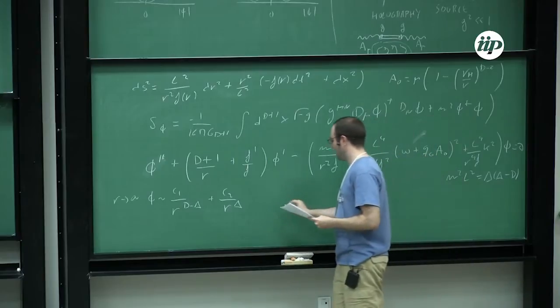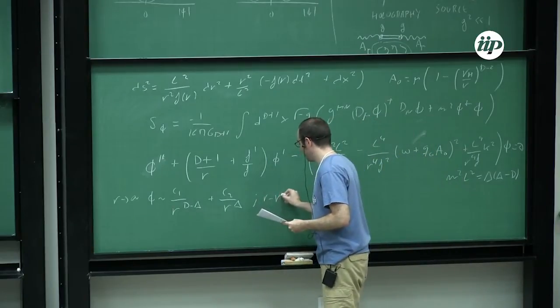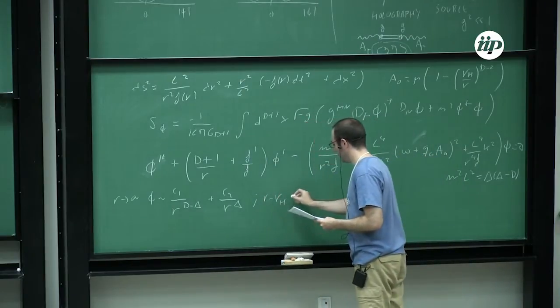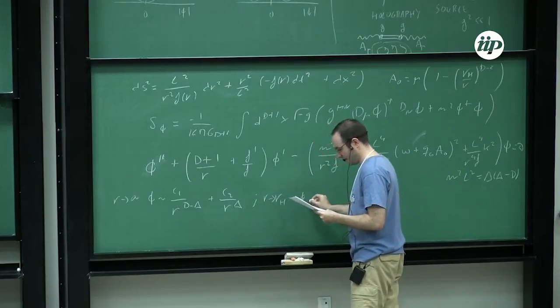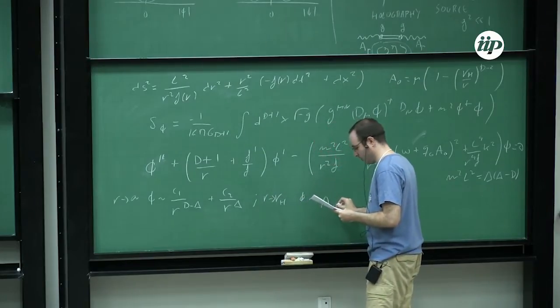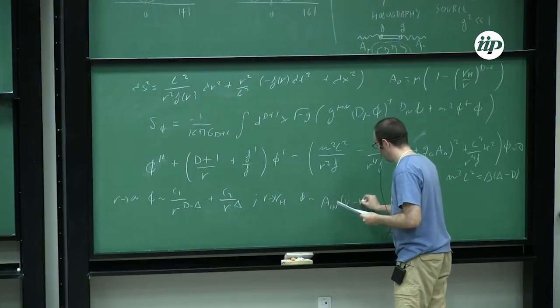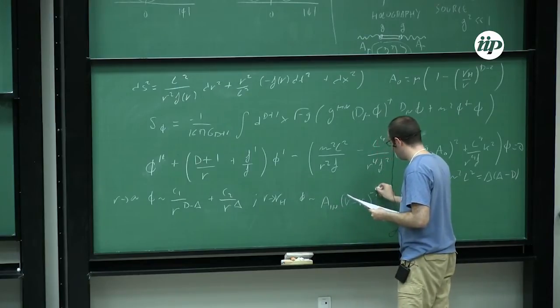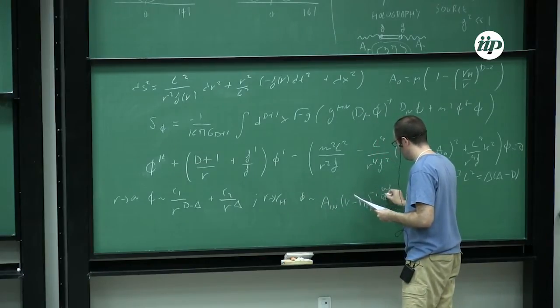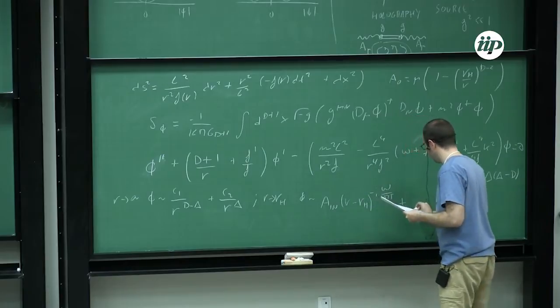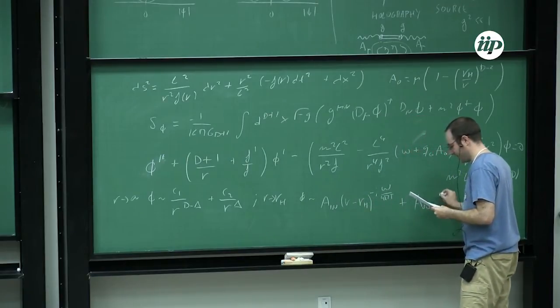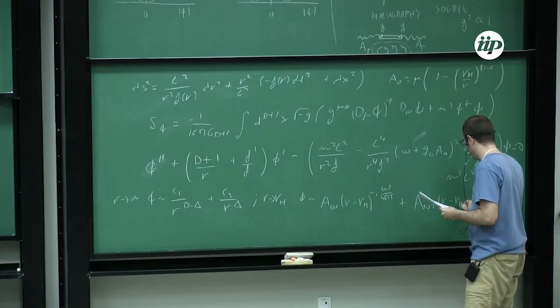And then close to the horizon, the scalar field has an expansion in waves. So we saw a little bit of this yesterday. There is an ingoing wave and an outgoing wave.